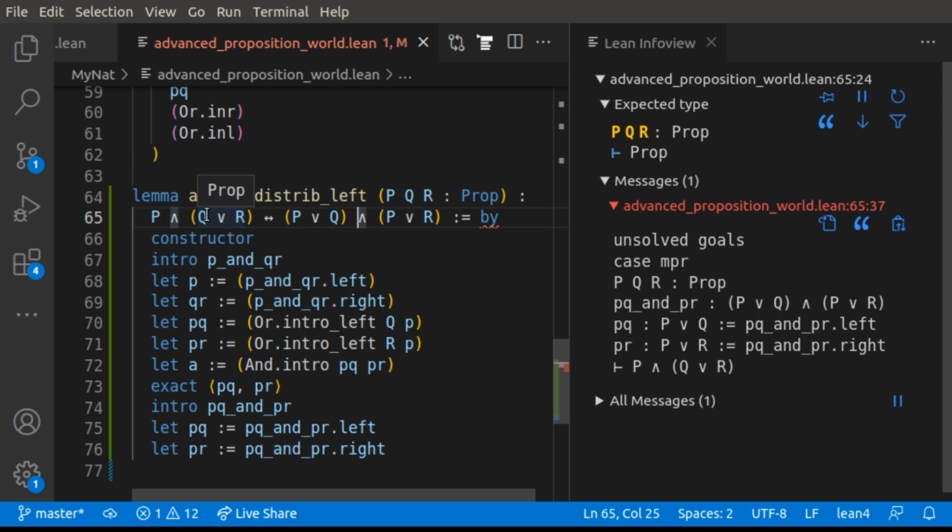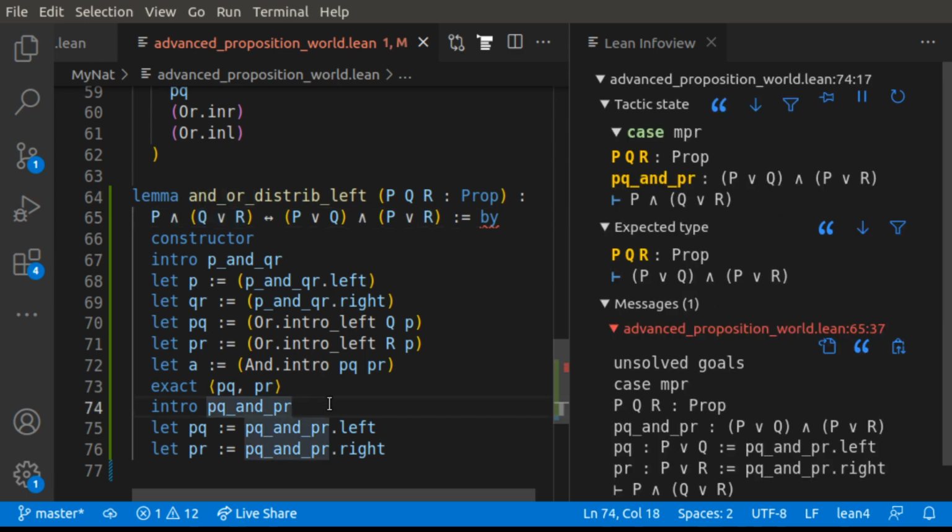Why is Q true or R true? Yeah, I think the tricky thing is I need to think about the math to figure out why the math is true so I can try to turn this into the proof.